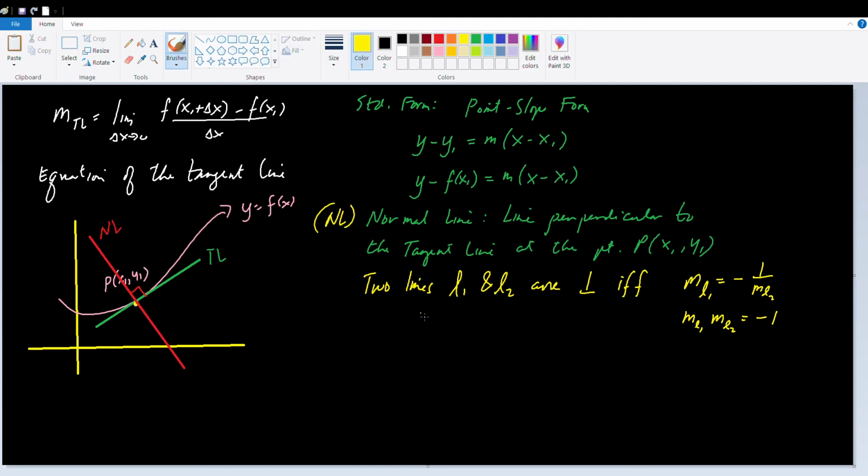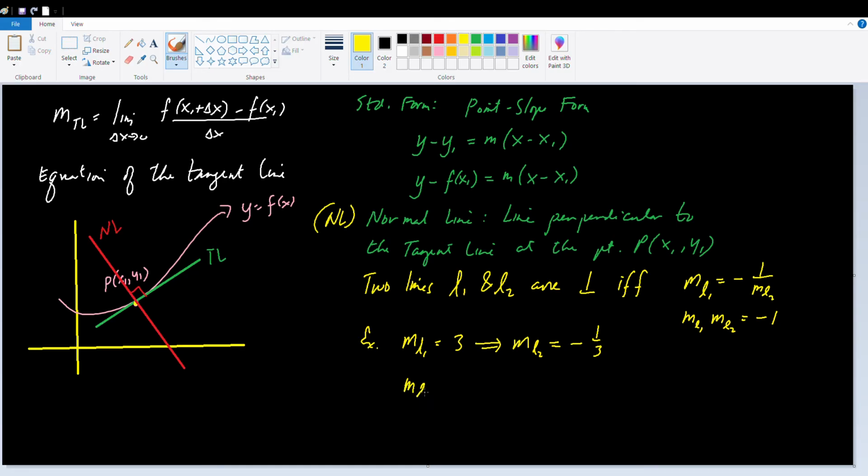Okay? So, if the slope of L1 is 3, that means that the slope of L2, which is perpendicular to L1, is equal to the negative reciprocal. So take the reciprocal and then change the sign.